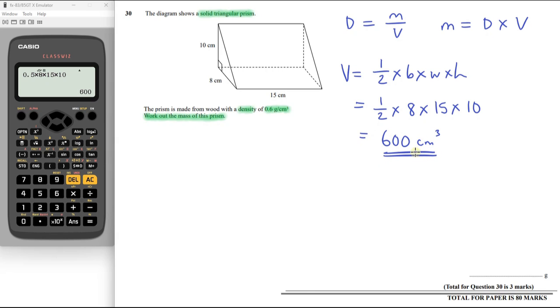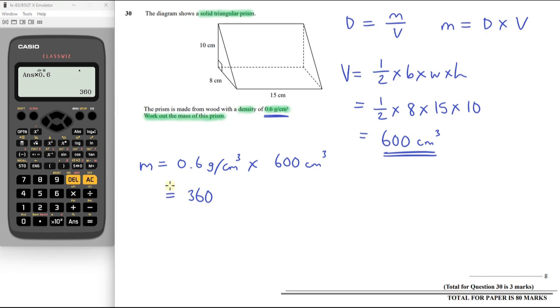So that is our volume. We know what the density is. So our mass is going to be the density 0.6 grams per centimetre cubed, multiplied by our volume 600 centimetres cubed. So I can just times this by 0.6 and we get 360.